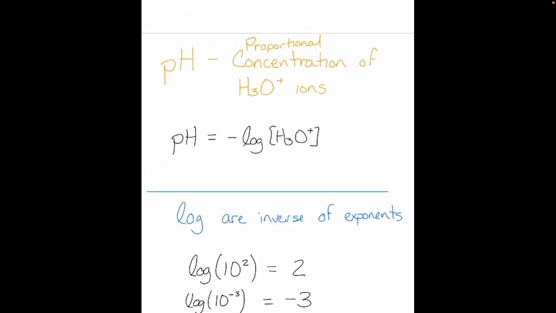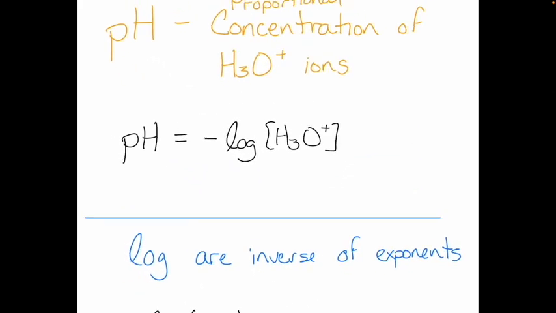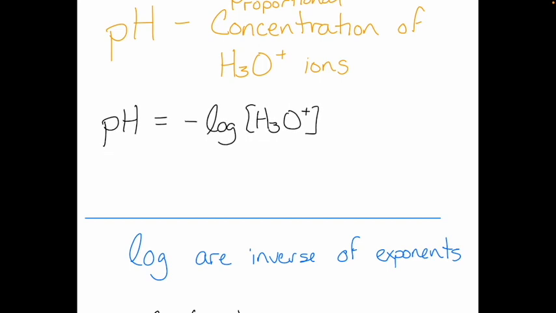So again, the point is if we know our concentration of hydronium, we can find our pH. If we're going to flip this equation around, and this is something that y'all with bomb algebra skills would know, but let's put it down for those of us who don't have bomb algebra skills.